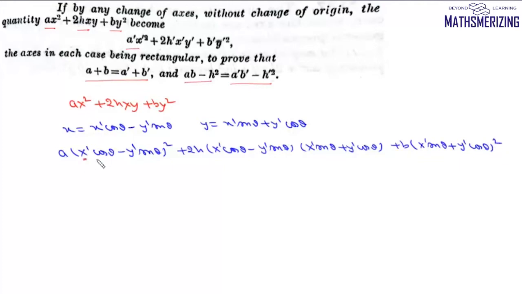Now we will write terms of x dash square, then we'll have a cos square theta, we'll also have 2h cos theta sin theta and plus b sin square theta.